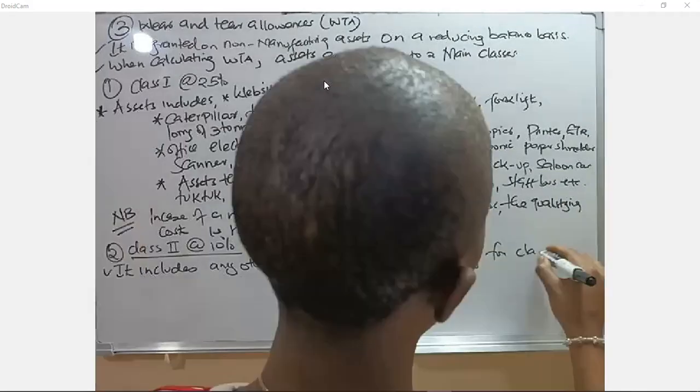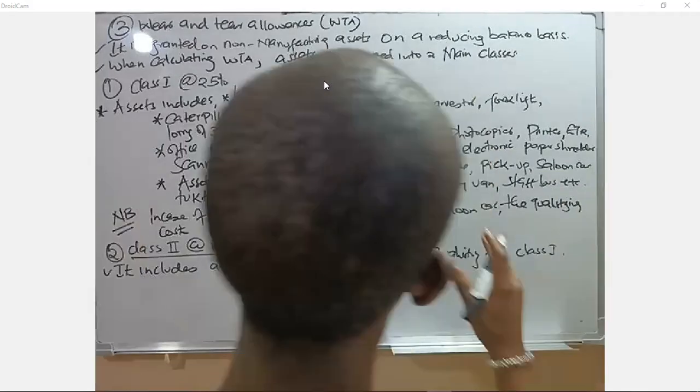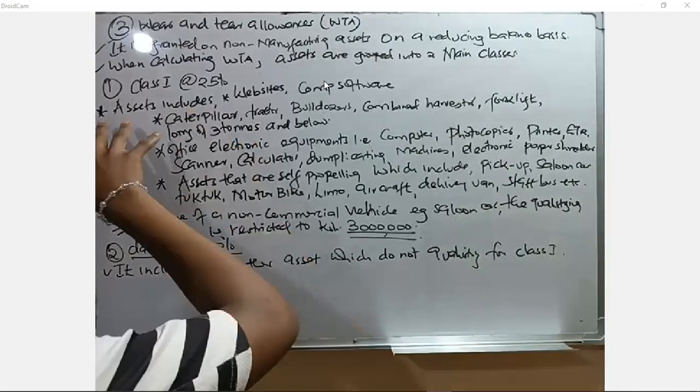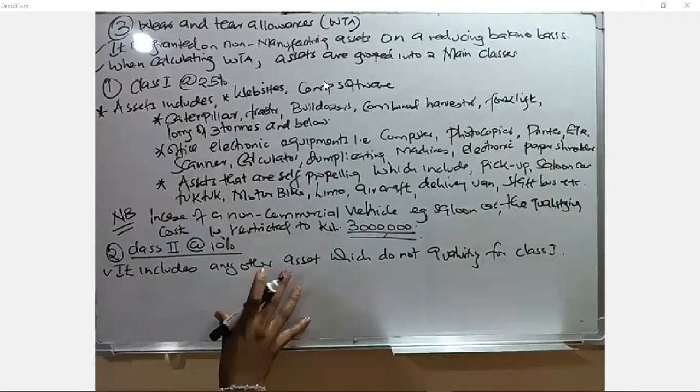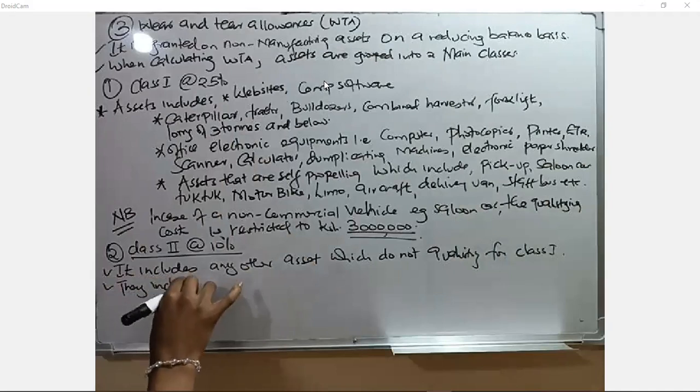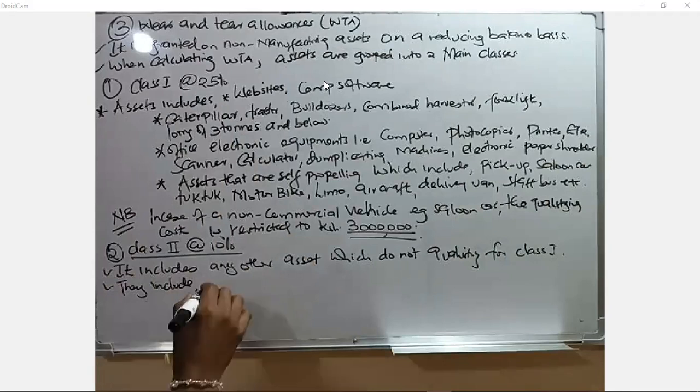Let me put it like that. Any asset which does not qualify for class 1, any asset which I have not categorized here, qualifies for class 2. In this case, they include, number 1, furniture and fittings.